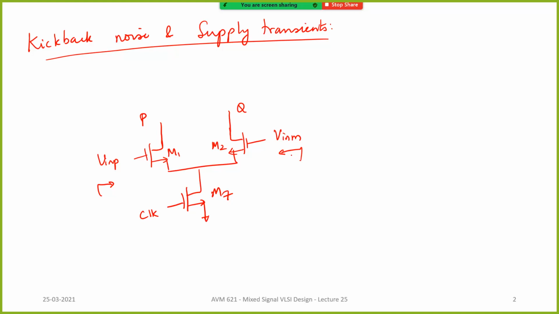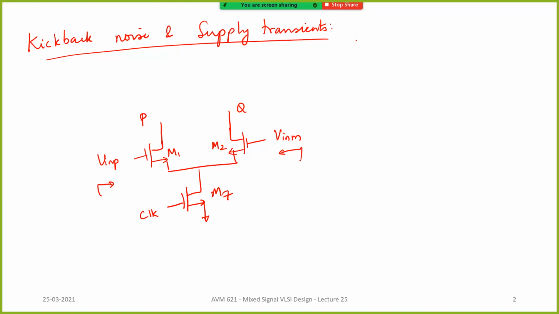So you have fast, large voltage transitions happening in any digital circuit. This is a quasi digital circuit, and here also you see large, fast voltage transitions. When that happens, there is going to be noise being fed back to the input.